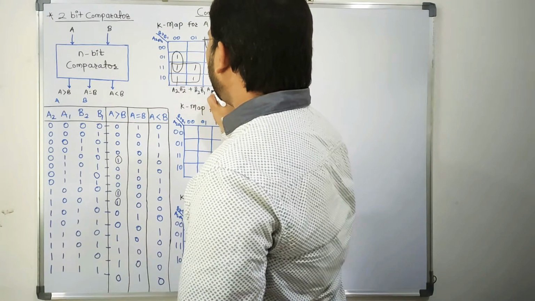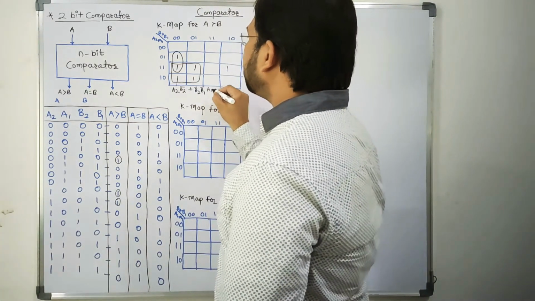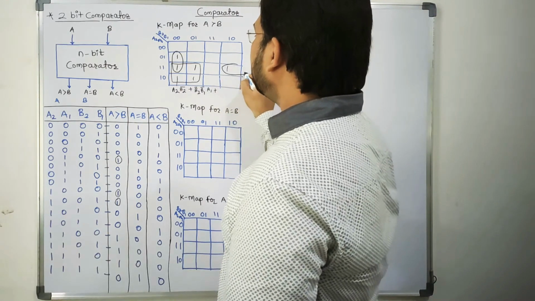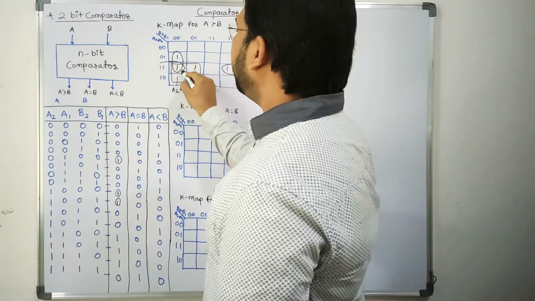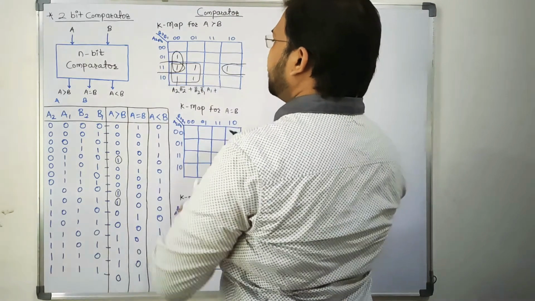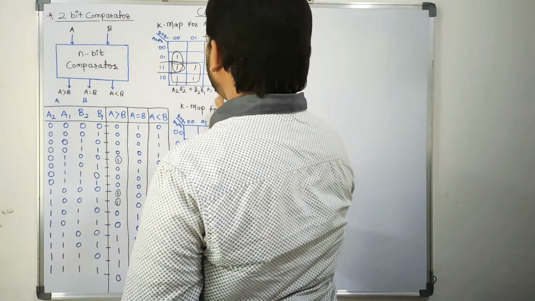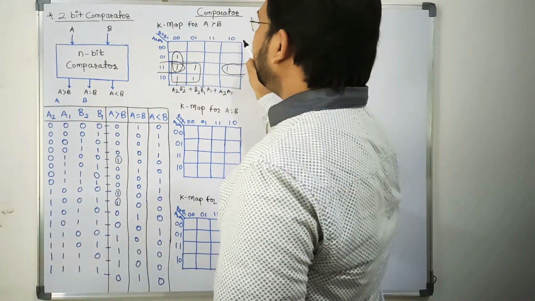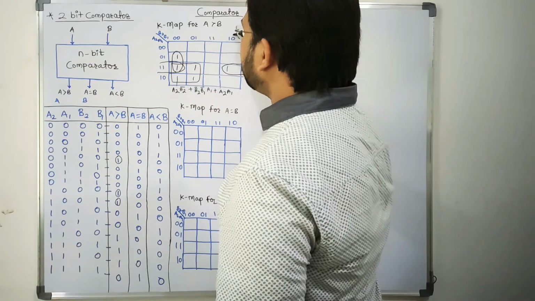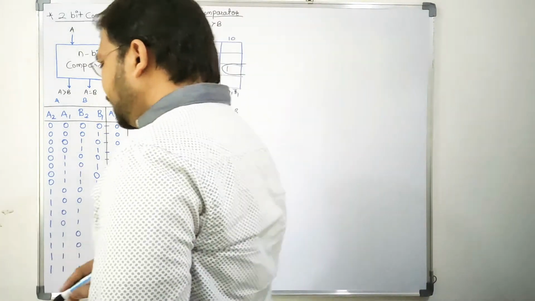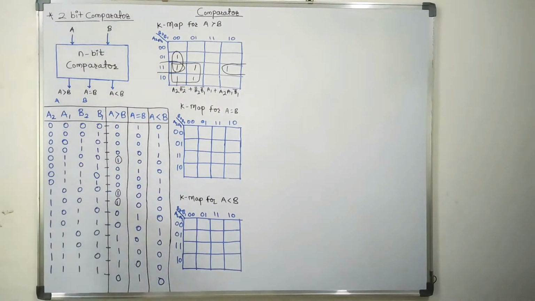So B2 bar B1 bar A1, plus here the side corner, the leftmost and the rightmost corner, which is 1 1. So plus it is A2 A1, and here the term 0 0 and 1 0, so this 0 is for B1, so it is B1 bar.